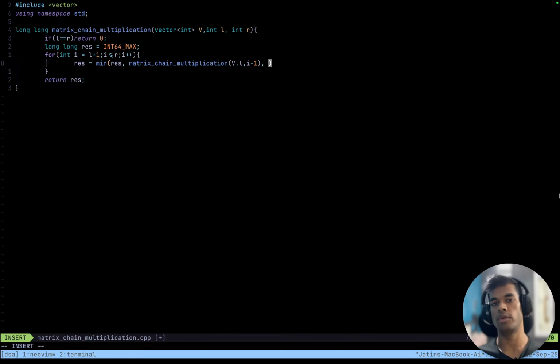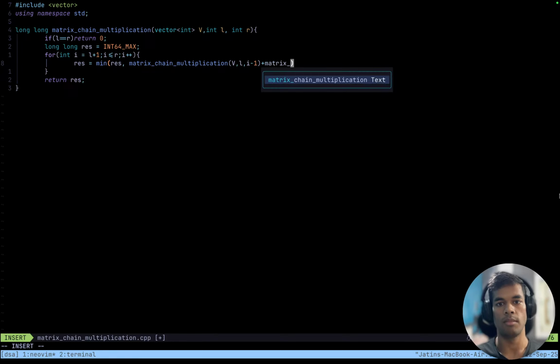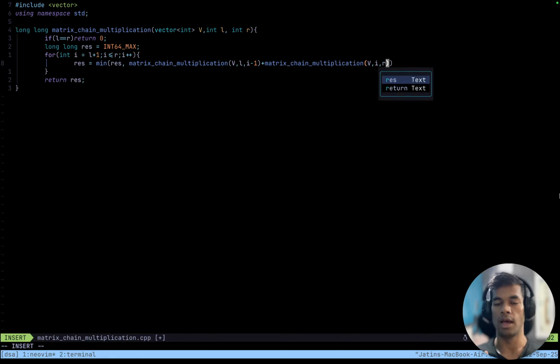It is going to be included in the second half, the right half of the matrix, plus matrix chain multiplication for the V matrix beginning from I going till R, and R here is included.